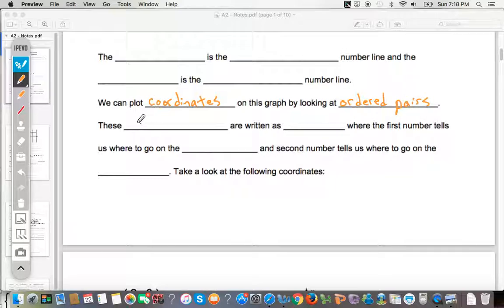These ordered pairs are written as parenthesis x, comma, y, where the first number tells us where to go on the x-axis, and the second number tells us where to go on the y-axis.